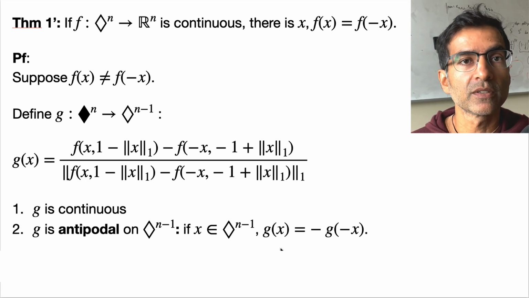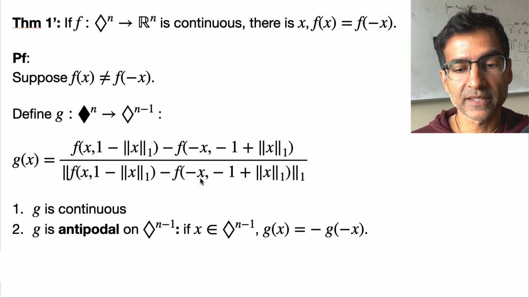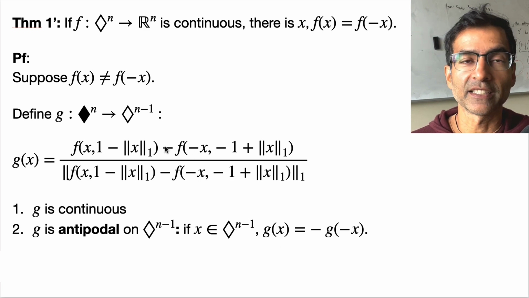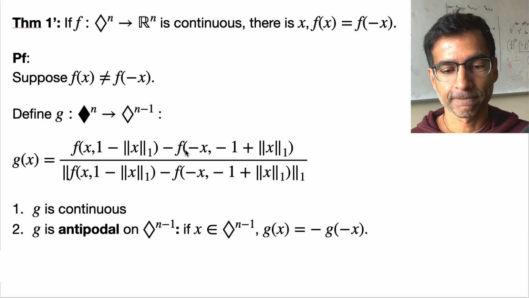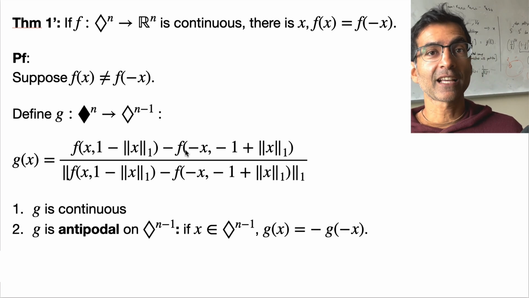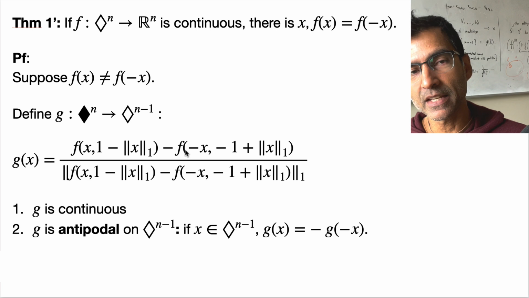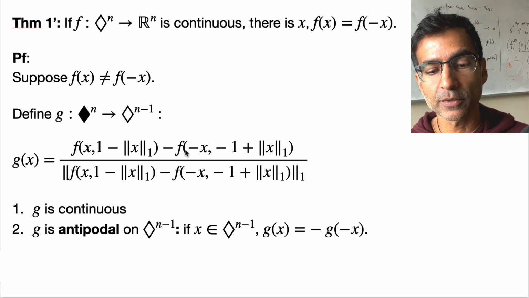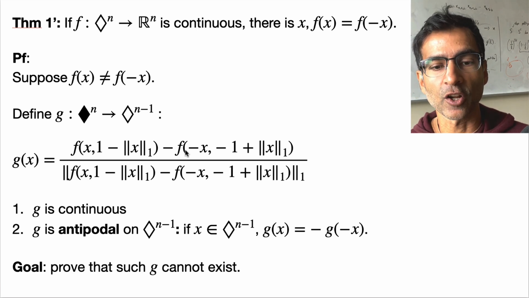So when you evaluate g at minus x, that flips the signs in the numerator. So that's the kind of g we found. And now my goal is going to be to prove that such a g cannot exist.